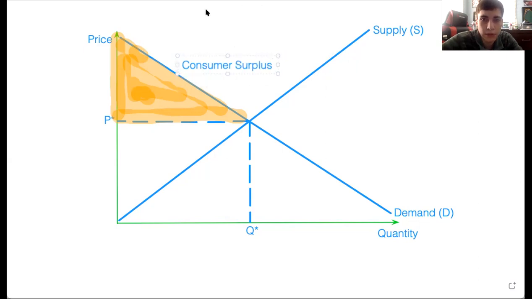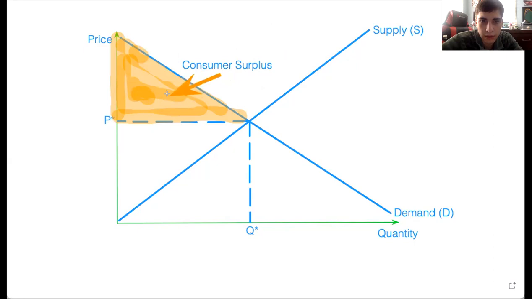So that, let me get one of these things. That wasn't exactly what I thought it was going to be. Let me just get a regular arrow.